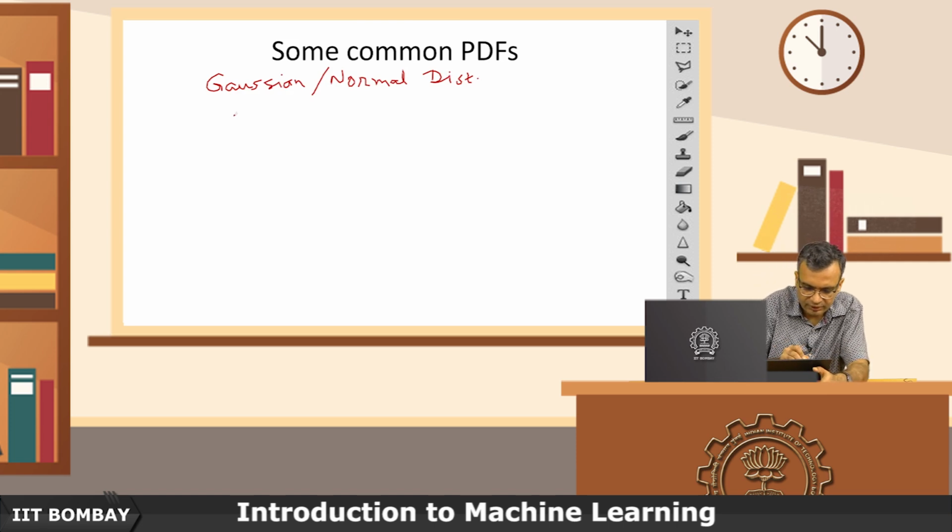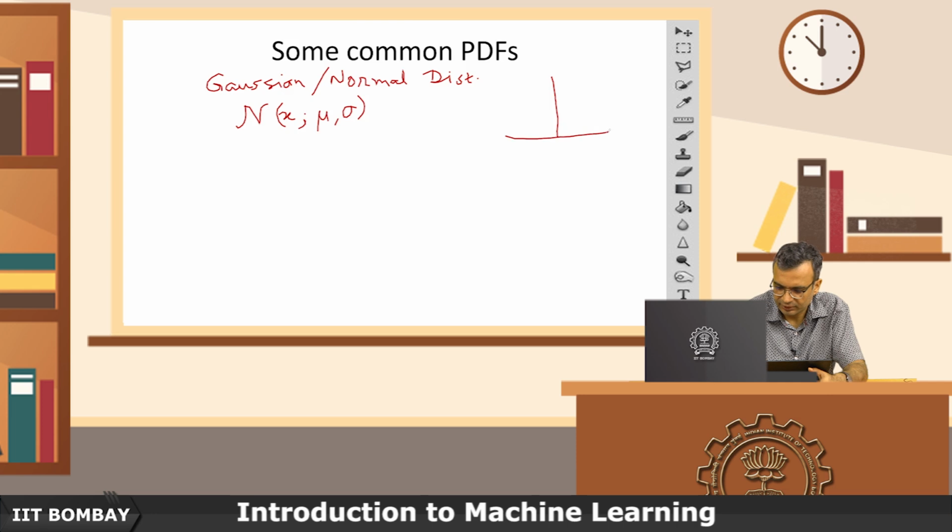Here the symbol that is used is a stylized N for normal, of x, and this is defined by two parameters, mu and sigma. If we look at x on the x axis, this will take a bell shaped curve.